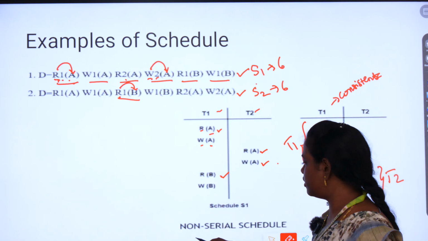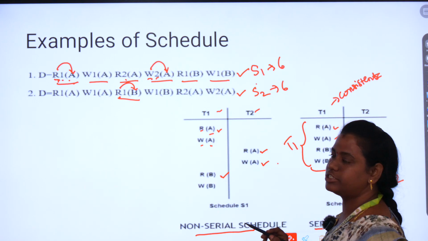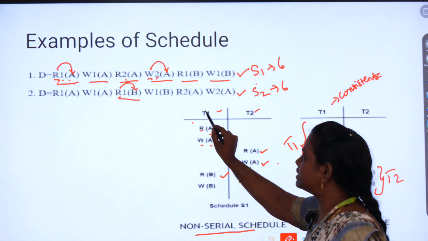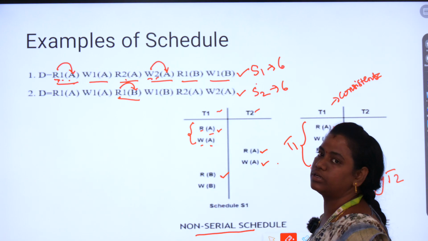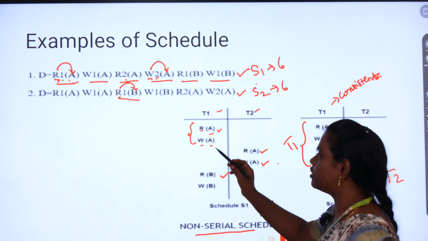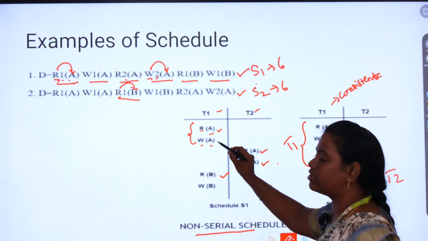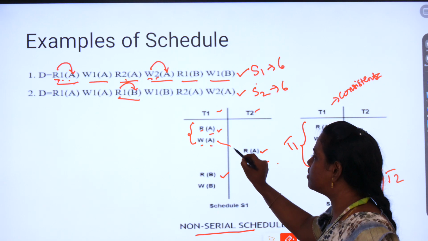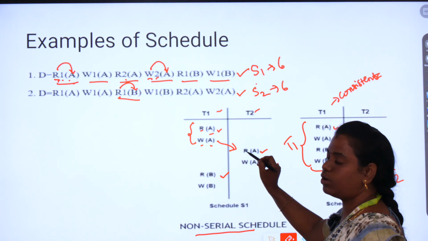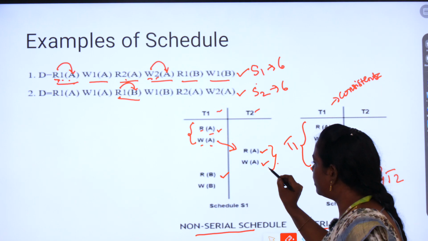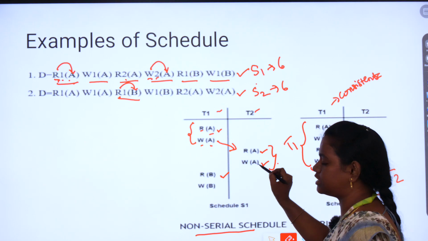Now come to our non-serial schedule. In a non-serial schedule, first in transaction 1, the first two operations are executed. After executing the first 2 operations, the operating system will move to transaction 2 and execute the first 2 statements in transaction 2.